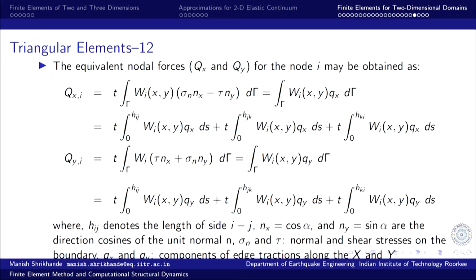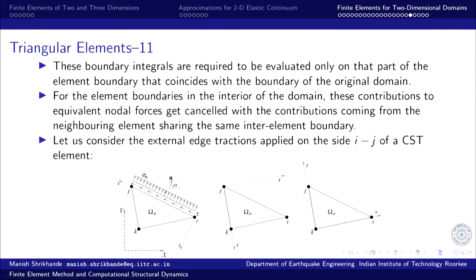So, the entire boundary gamma can be broken down into 3 parts: along the ij edge, along the jk edge, along the ki edge. I now go through each of these one at a time.